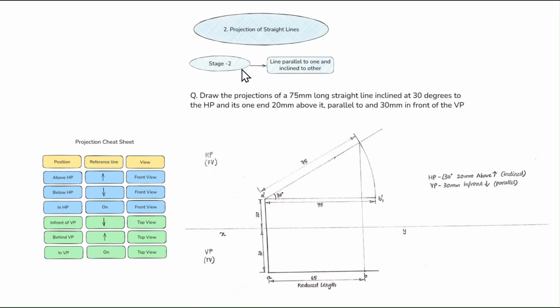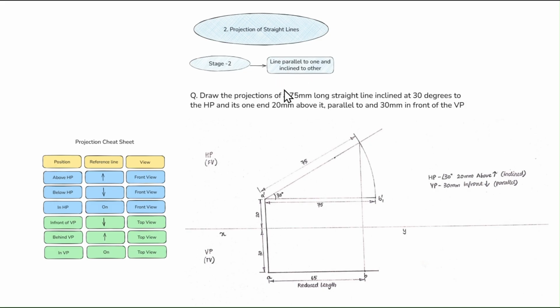Wonderful. Now let's begin stage 2 of this part 2, projection of straight lines. In stage 2 we will be learning about a line parallel to one plane and inclined to the other. So there is an angle involved in this stage. When you get these kinds of questions, the projection is asked based on the angles.